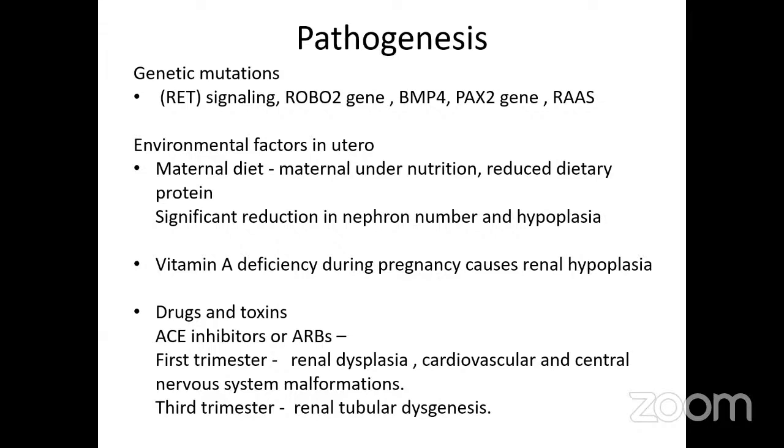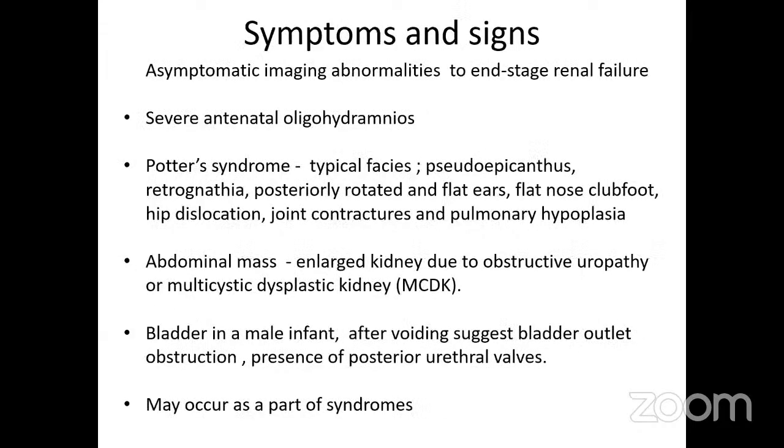Vitamin A deficiency during pregnancy also causes renal hypoplasia, and special note should be taken of drugs and toxins. ACE inhibitors or ARBs in the first trimester cause renal dysplasia and cardiovascular and central nervous system malformations, and in the third trimester they cause renal tubular dysgenesis. Next slide, please.